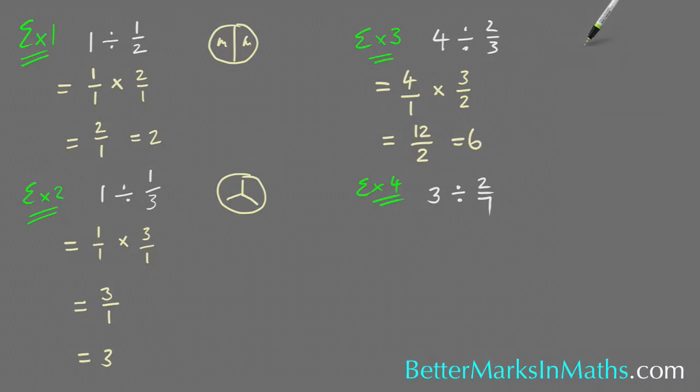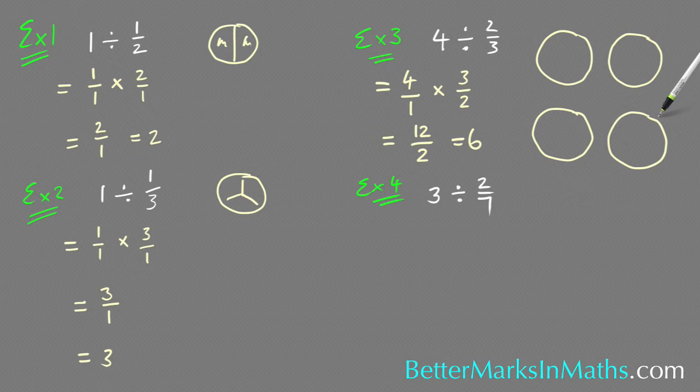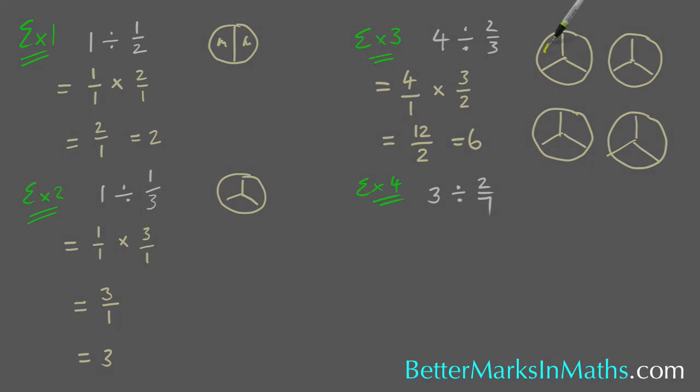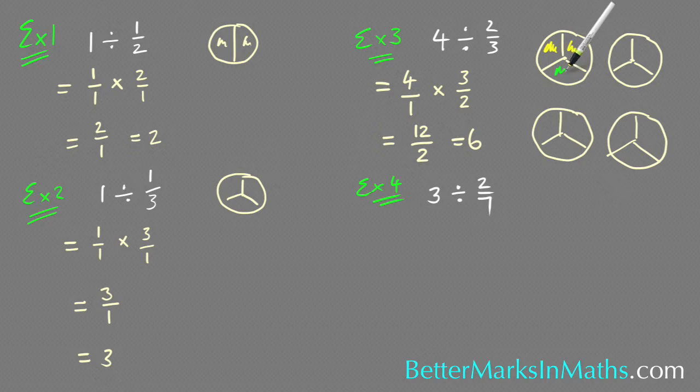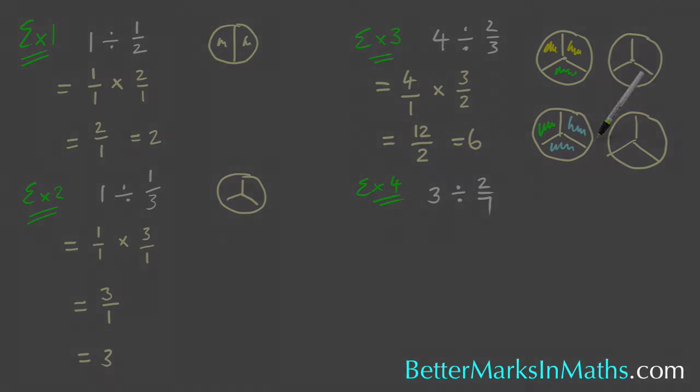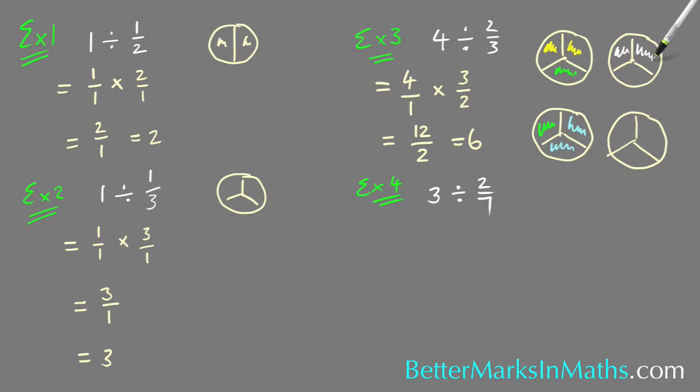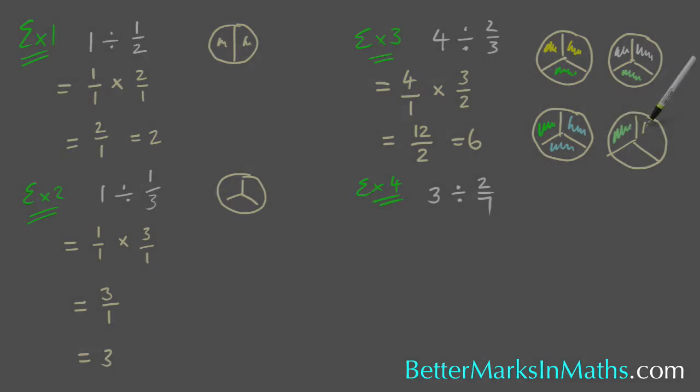So I'll start with 4 oranges, and I'll split them all into thirds like that, and then do little groups of 2/3. So here's 2/3, here's another 2/3, and another 2/3, and another 2/3, and another 2/3, and another 2/3.